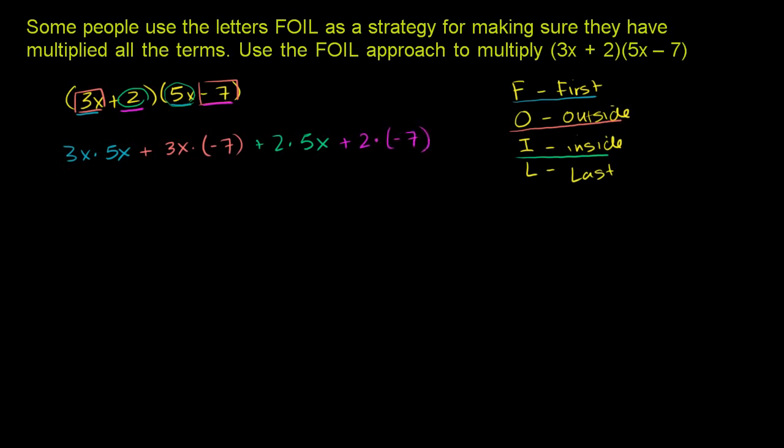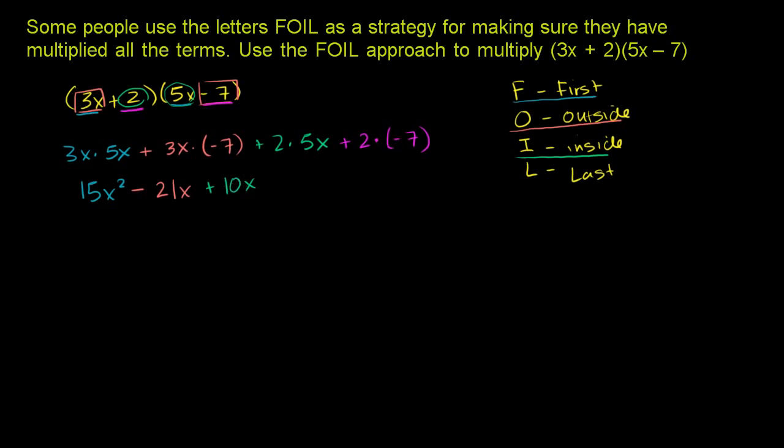And we end up getting 3x times 5x is 15x squared plus, or I should say minus, because there's going to be a negative sign here. So 3x times negative 7 is negative 21x. And then we have 2 times 5x, so this is plus 10x.